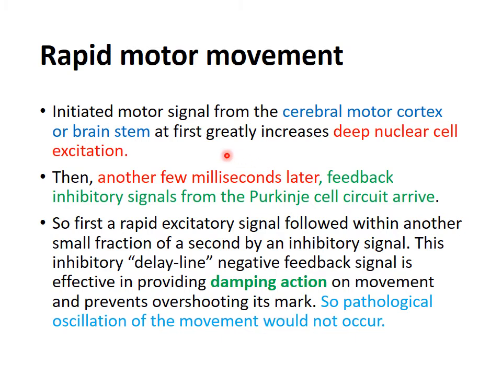First there is a rapid movement, then there is excitation by the cerebromotor cortex through the deep nuclear cell, then through the Purkinje cell, after a few milliseconds, there are inhibitory signals to the cerebral cortex. So it acts as a damping action on the movement and it prevents overshooting its mark.